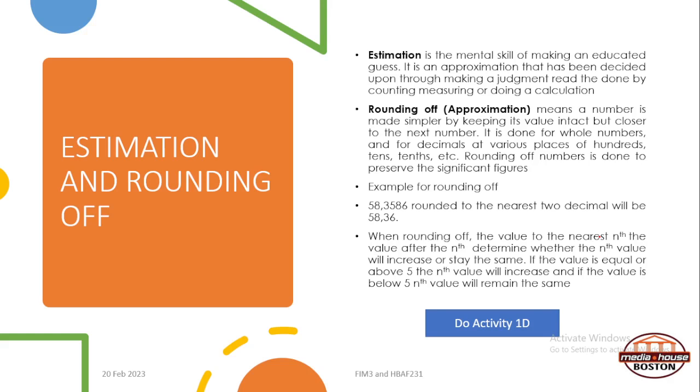When we say we are estimating, we are giving a guess. It has to be an educated guess, based on judgment: from my home to the next complex around my place, it can take me 15 minutes if I'm walking. So that is just an estimated guess.